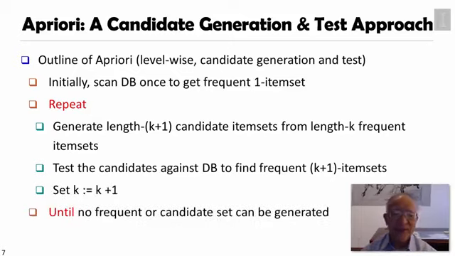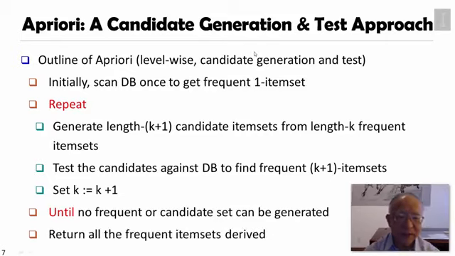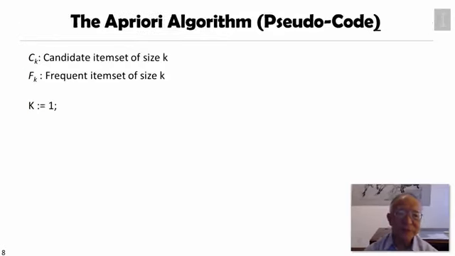Every iteration you set k to k plus 1, so you can go until no frequent item sets or no candidate item sets can be generated. Then after you exit the loop, you just return all the frequent item sets derived. That's the algorithm. Let's look at the pseudocode.